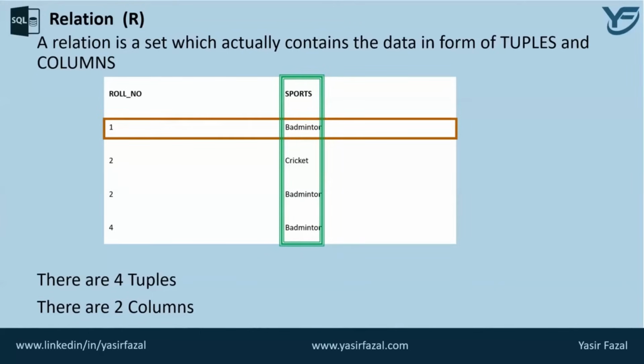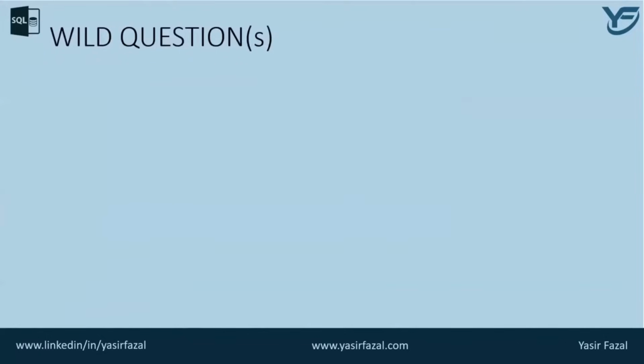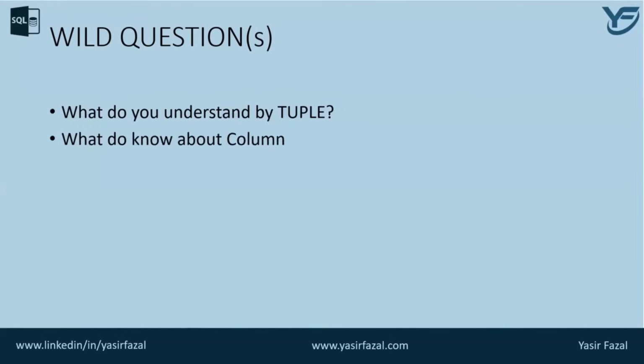I hope you have understood the concept of the relation through this video. Now there are some questions I have called wild questions, about the things I have discussed during the video. What do you understand by the word tuple? The second question is, what do you know about the column?